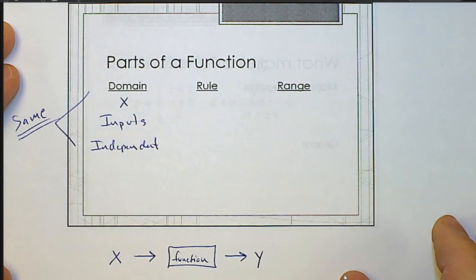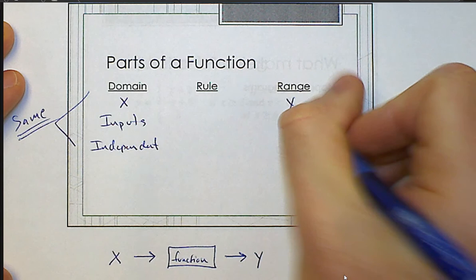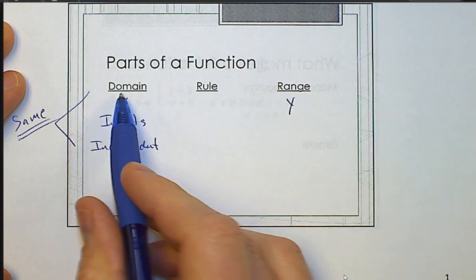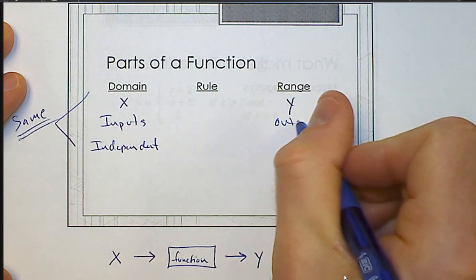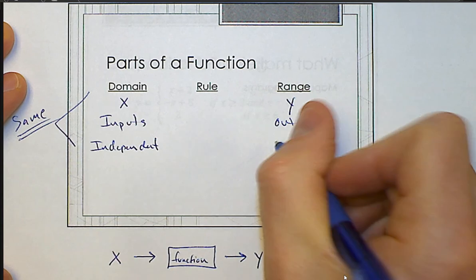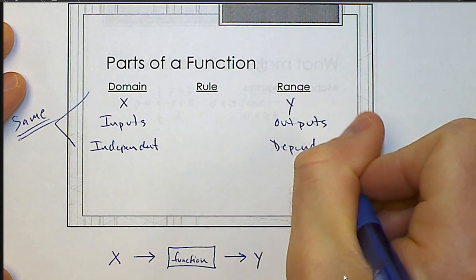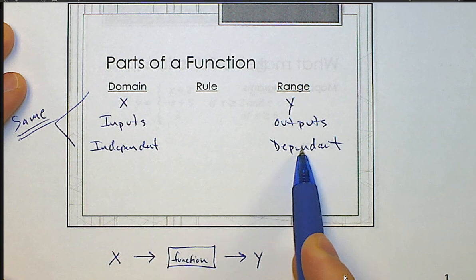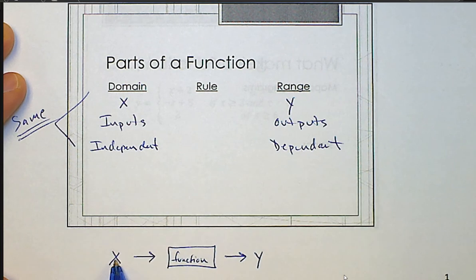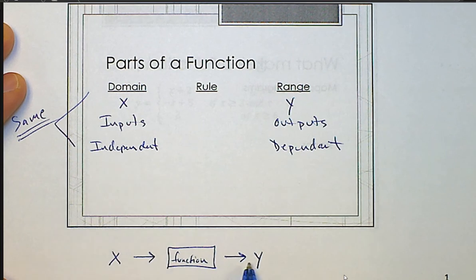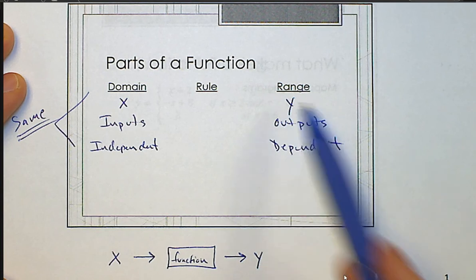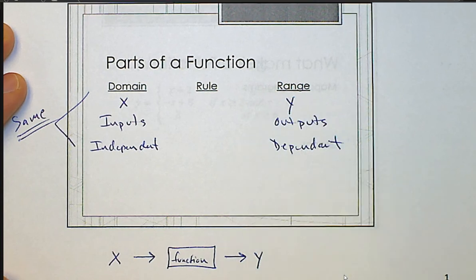Your range are your y values. X and y for domain and range. They're your outputs, and they're your dependent values. Your range depends upon the x values, the independent values that you plug into the function. Your range, your y, your outputs, your dependent values are all your y values.